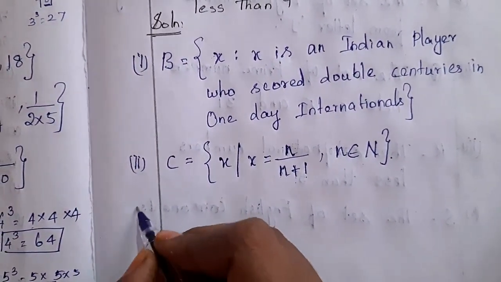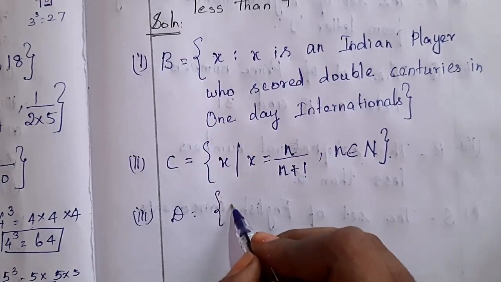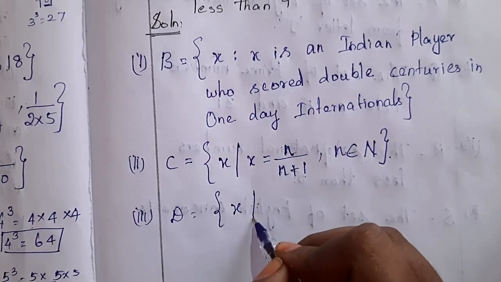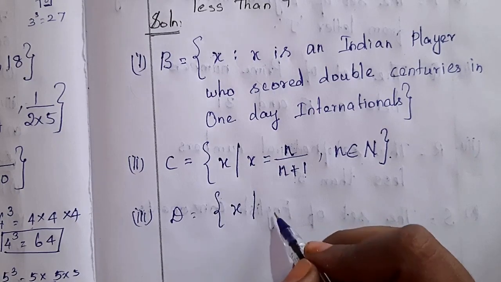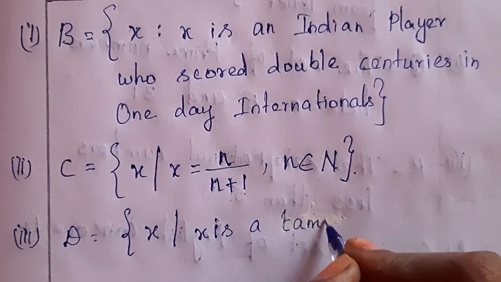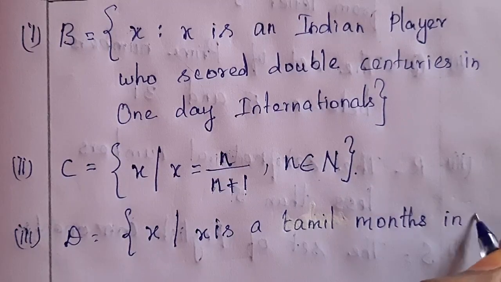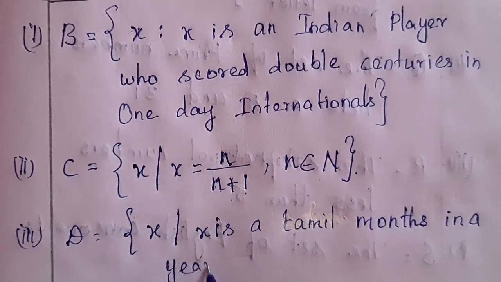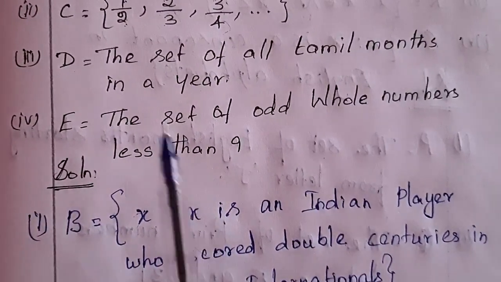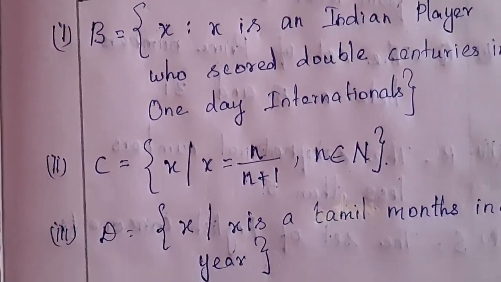D equals the set of all x such that x is a Tamil month in a year.